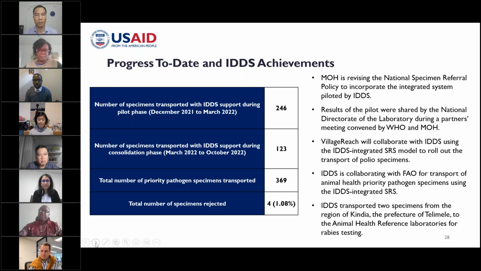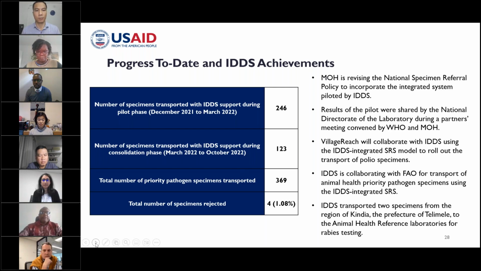So from December 2021 to October 2022, which is last month, we transported a total of 369 samples, with a rejection rate of 1.808%. Based on the success of the pilot, there is an ongoing revision of the national specimen referral policy by the MOH, who want to incorporate the integrated specimen transport piloted by IDDS in the new policy.